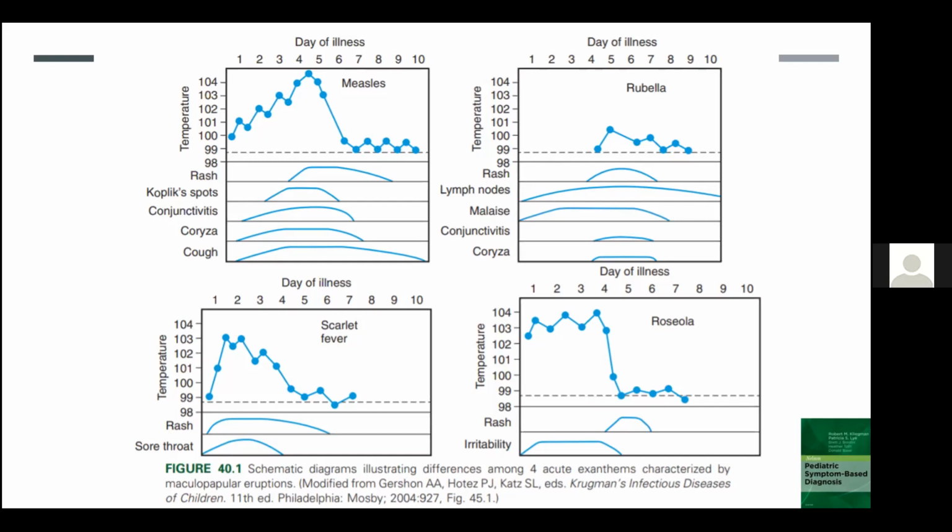In scarlet fever, the rash starts quite close to the fever, and they can have a sore throat as well. And roseola is very classic in that you get the high fever, and as soon as the fever disappears, the rash comes out and the irritability goes away, and they're much, much better.